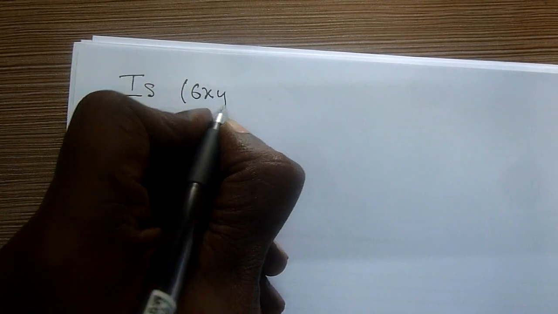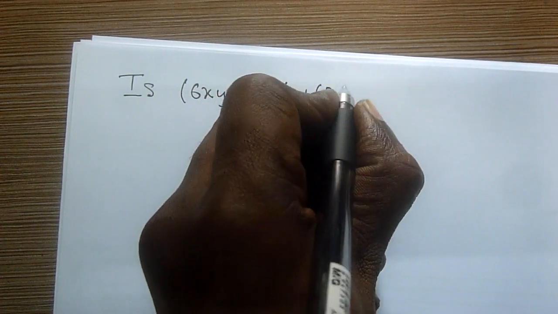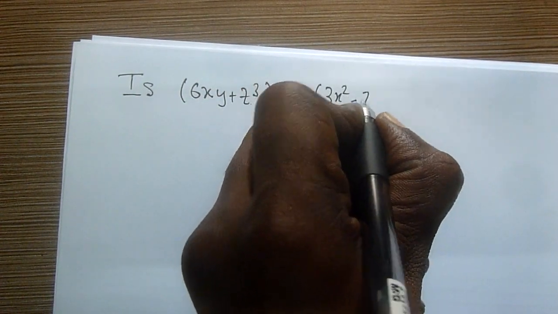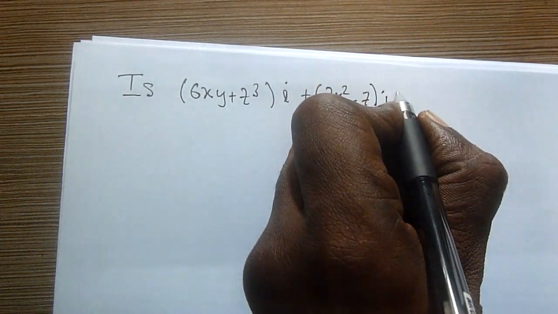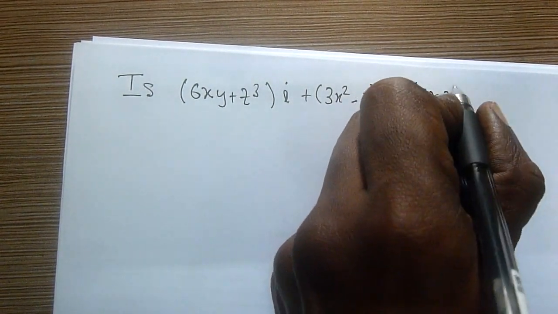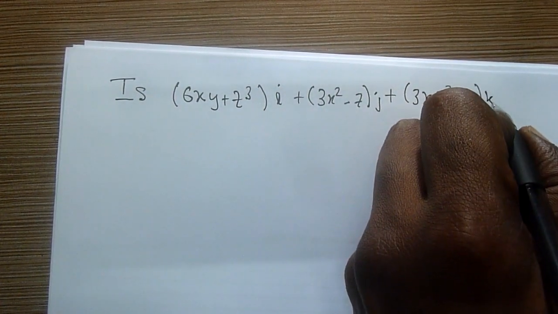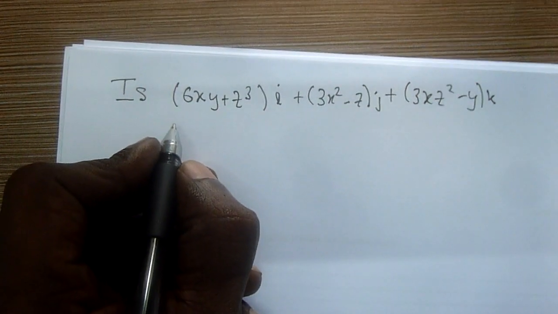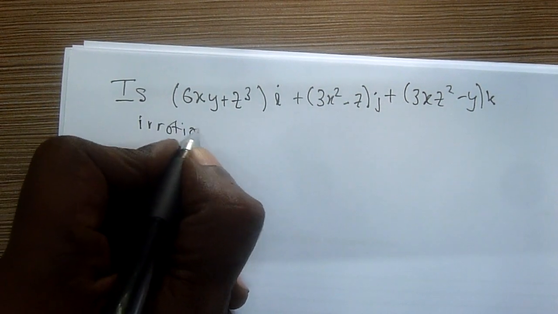The question is 6xy plus z3 i, 3x2 z j, plus 3xz2 minus y k. Simple question to make it. Is it irrotational?